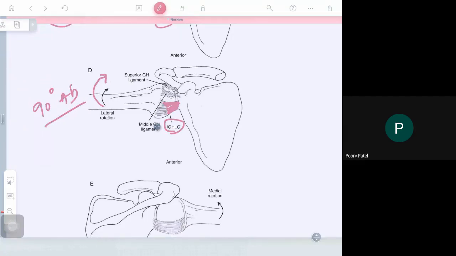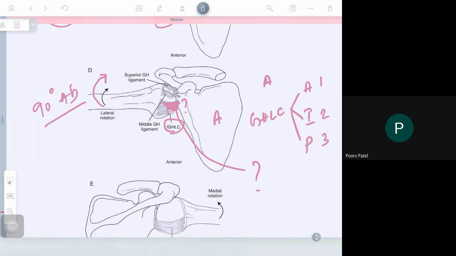This is the anterior view, you are seeing from the front. The glenohumeral ligament complex has three: anterior, inferior, and posterior. So what is this ligament? Sir, anterior. Yes, it is the anterior ligament.